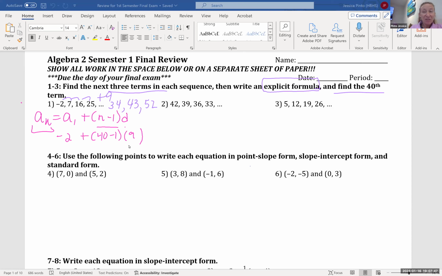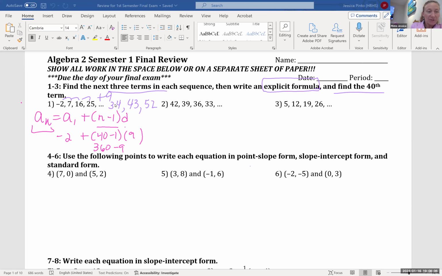And I think it's easier for me to do 40 times 9 minus 9, because it's going to be 360 minus 9. So that's going to be 351, and then minus 2, 349.